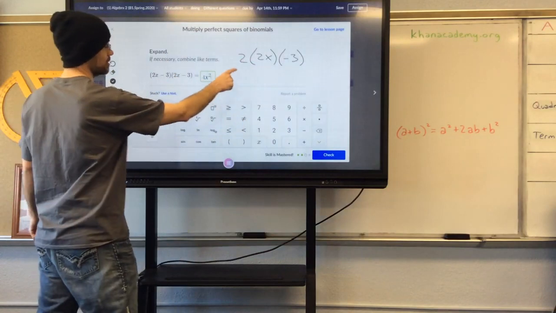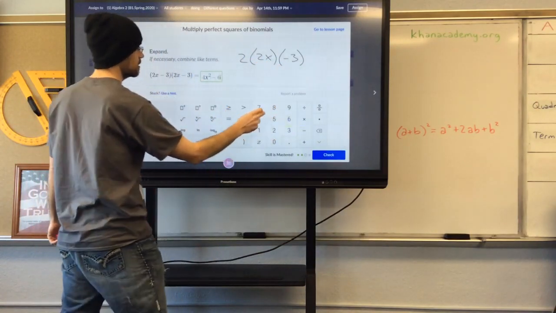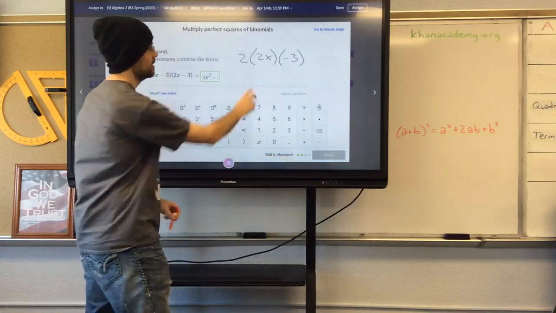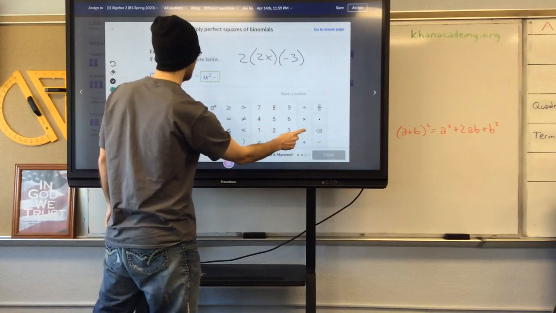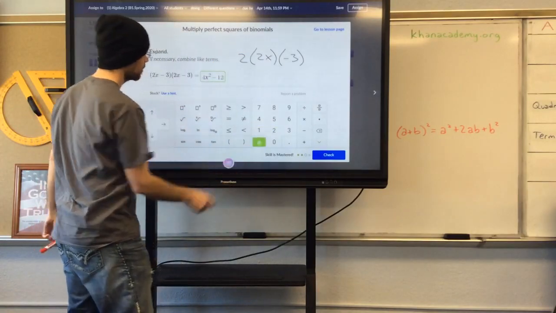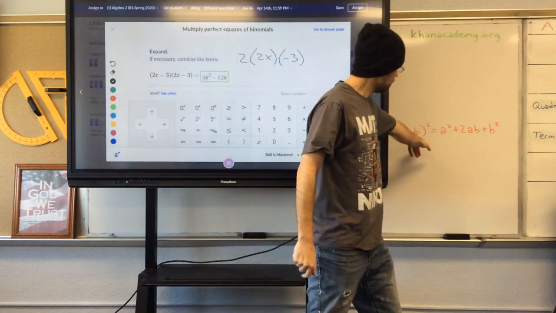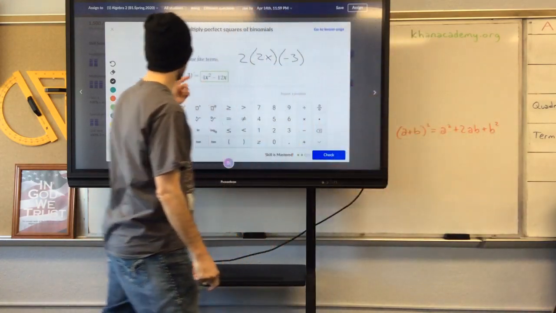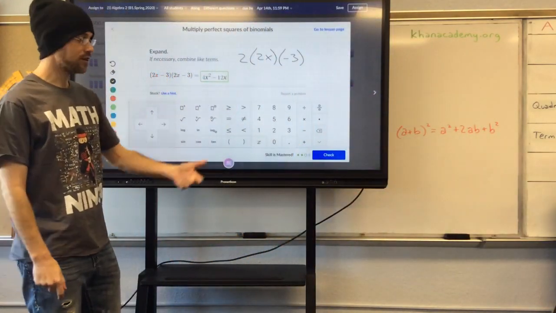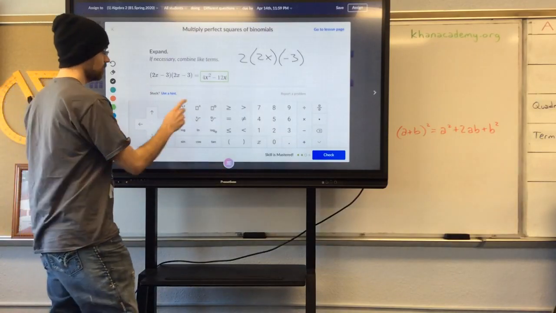So our middle term is 2 times 2 times negative 3. That's negative 6. Oops. Negative 6 times 2 is negative 12. So it's negative 12 times x. And then, last term is being squared. So negative 3 times negative 3, that's negative times negative, always positive, positive 9.